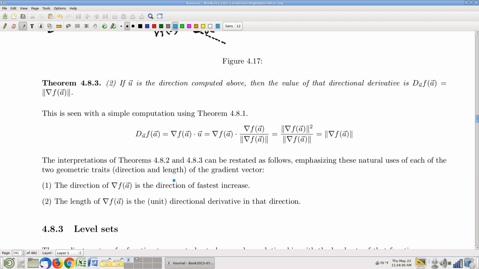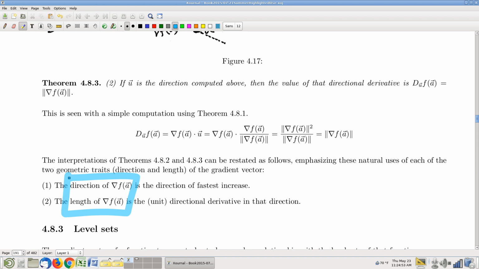So I like to rewrite these two results as follows. Rather than asking two questions and having the answers both relate to the gradient, let's rewrite it as the two geometric features of the gradient vector. Go back to the very first day of class. What is a vector? A vector is a direction and a magnitude. We represent the magnitude as the length.